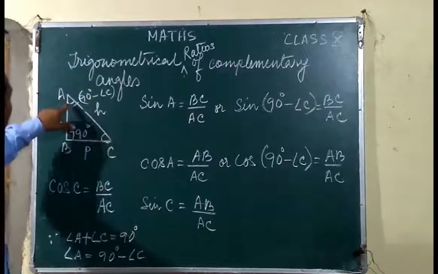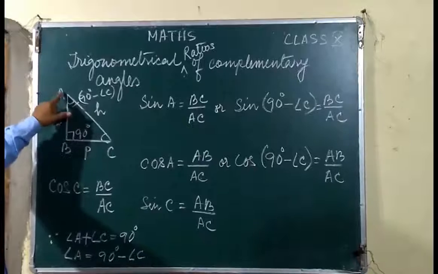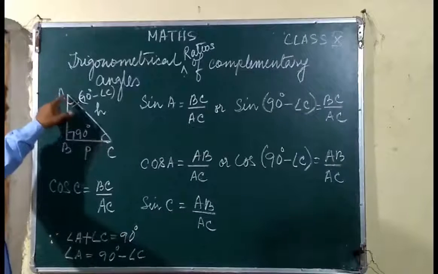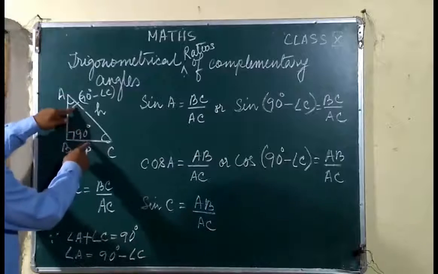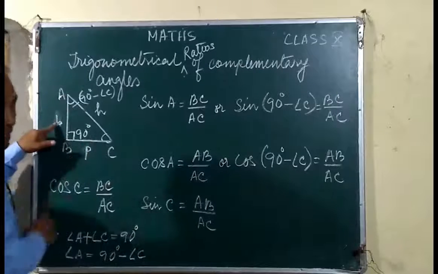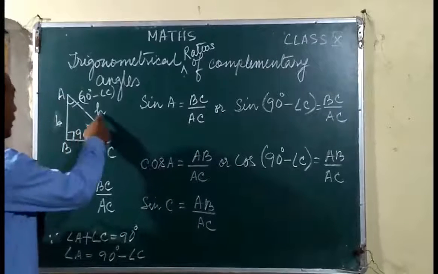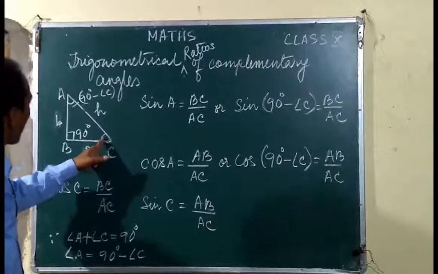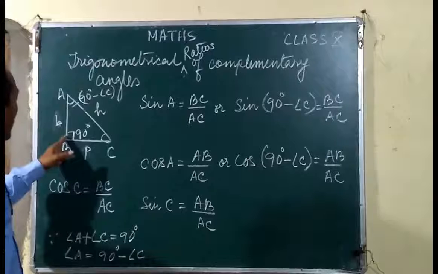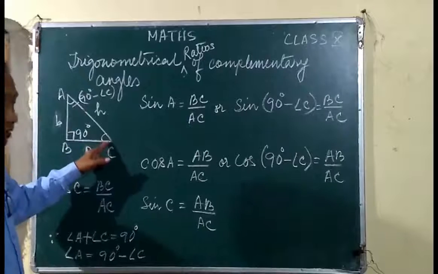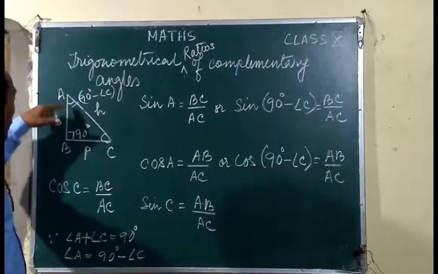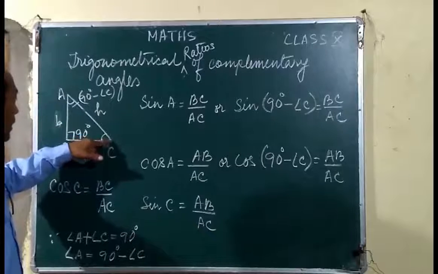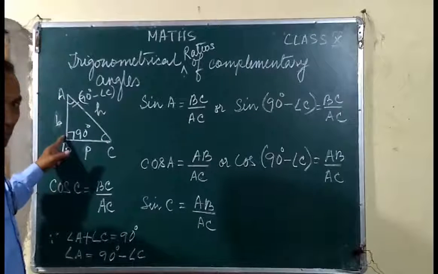Now, if we measure this acute angle, angle A, then BC will be considered as perpendicular and AB will be considered as base.